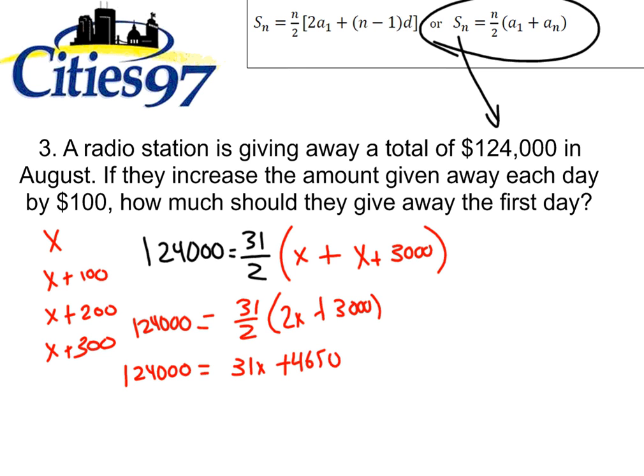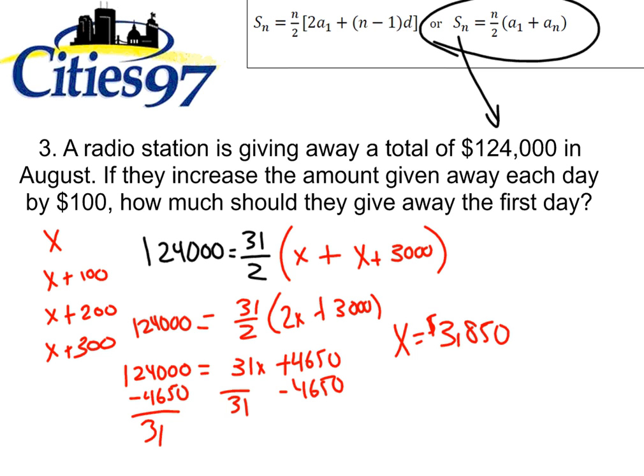So a little division, subtract 4,650. Divide by 31. So the first day they should give away $3,850. That's how much they should give away on the first day.